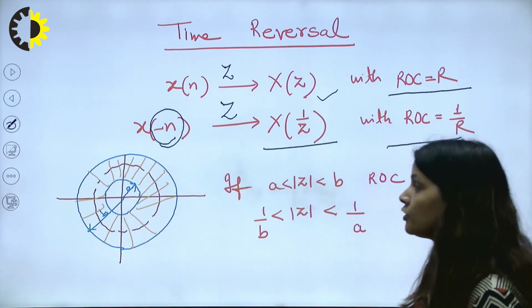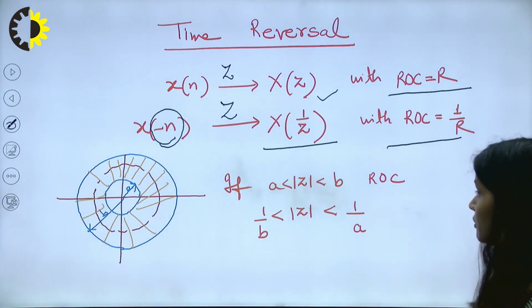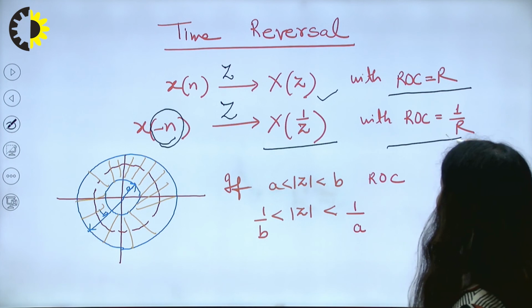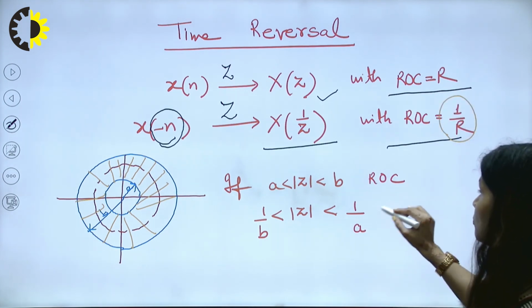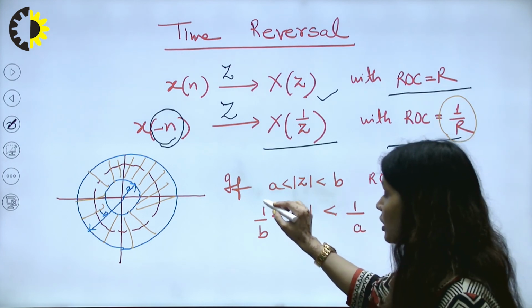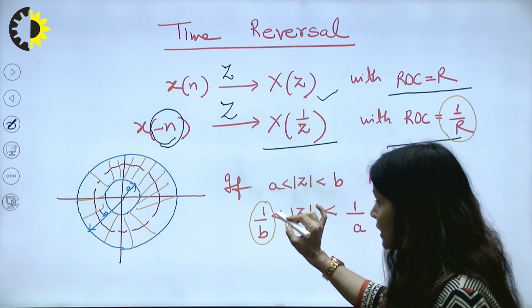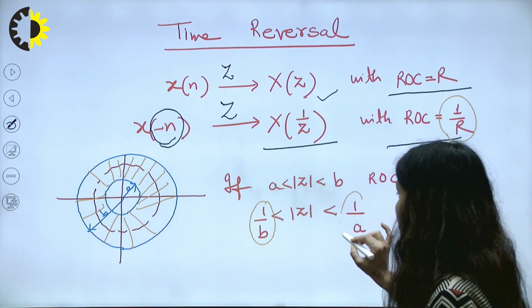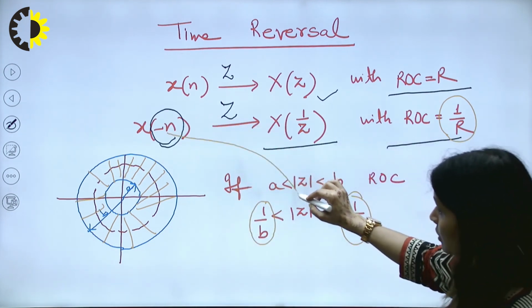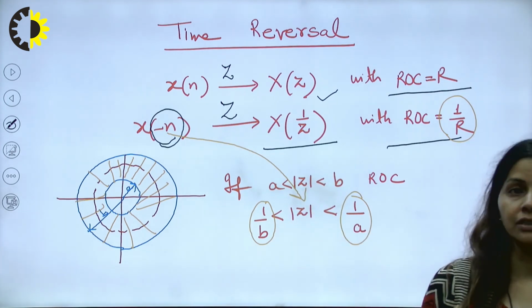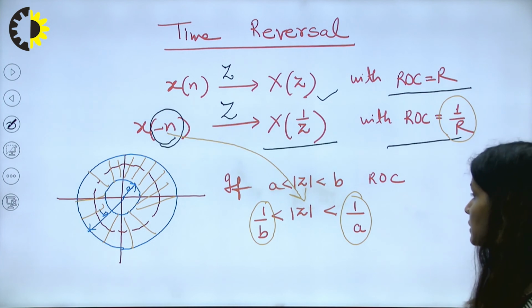So what would be the ROC of the reversed sequence? The ROC will be 1 upon R. That means the new ROC will be mod z greater than 1 upon B and less than 1 upon A. This applies for the time reversal property. The ROC is getting changed by this.